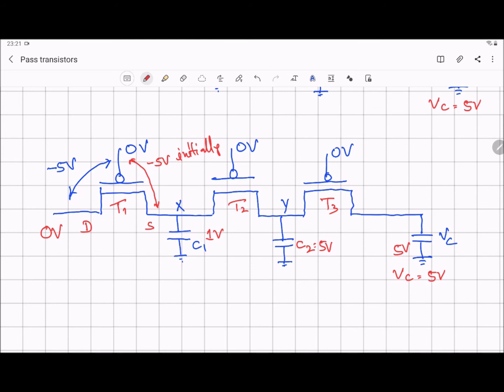Okay. Now again in a similar fashion capacitor C2 is also going to discharge, and the new voltage across the capacitor C2 is also going to be 1 volt. Similarly, the voltage across the capacitor C3 is also going to be equal to 1 volt.